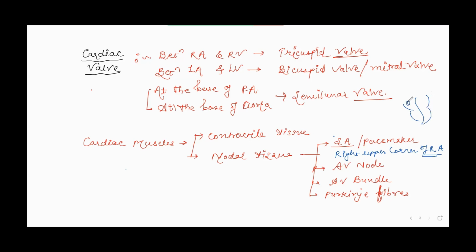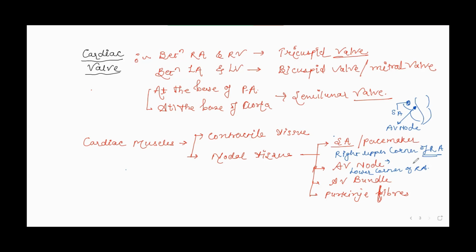Here you can observe the SA node, and at the lower corner of the right atrium, in the lower section, you can observe the AV node, right? So here we can write that it is the left lower corner of the right atrium.